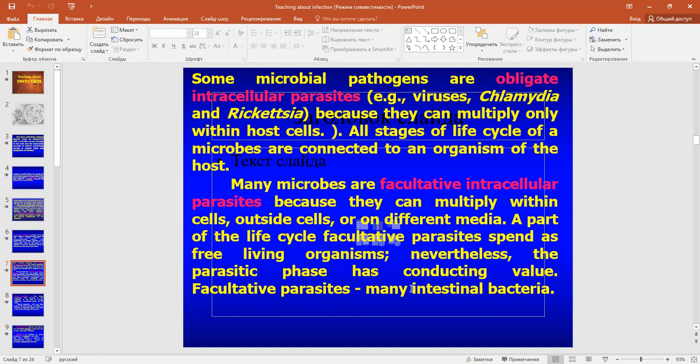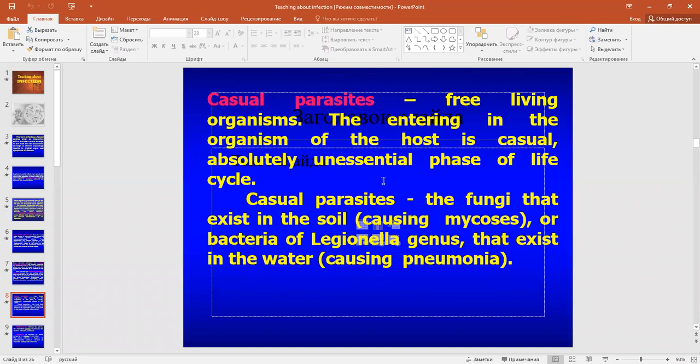Among facultative parasites are many intestinal bacteria, Neisseria, tuberculosis bacteria, and Brucella, the causative agent of brucellosis. Casual parasites are free living organisms. Their entering the organism of the host is casual, not an essential phase of the life cycle.